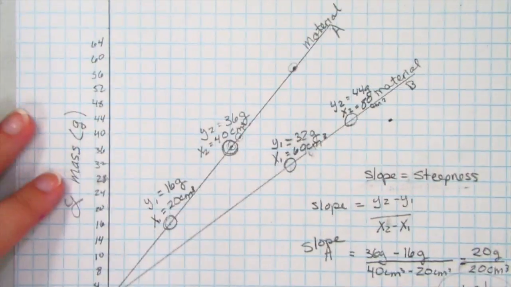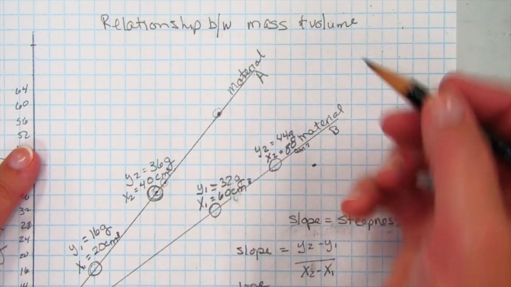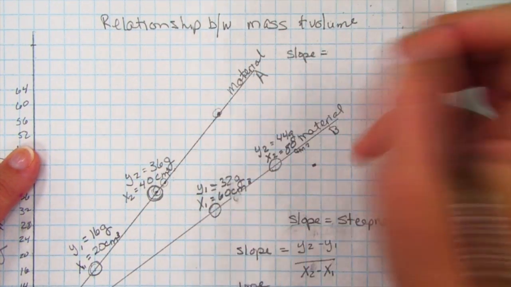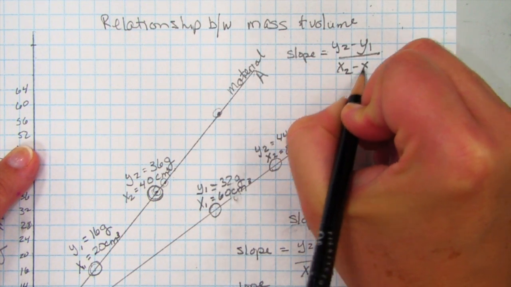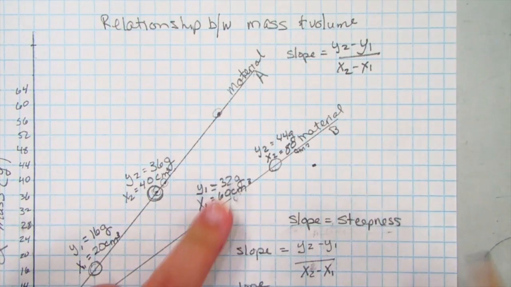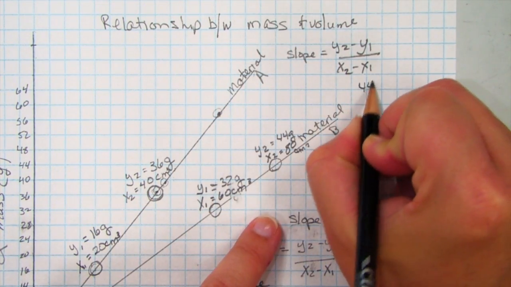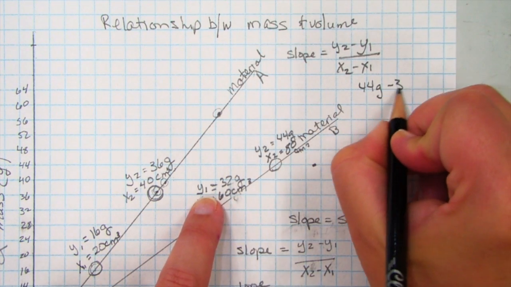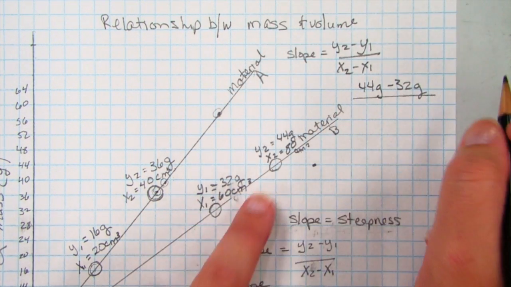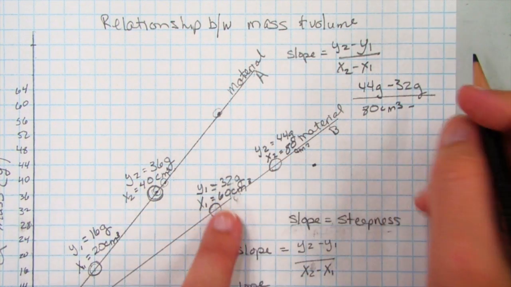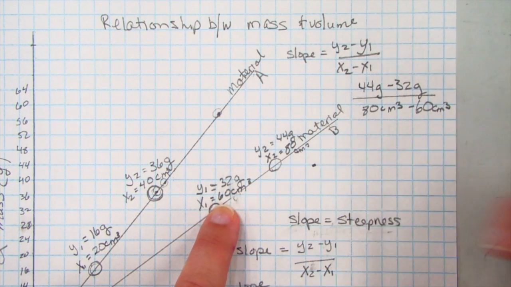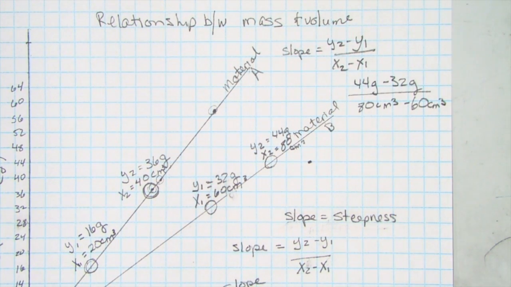So I'm going to work, let's see, I can work in this space. So slope equals y2 minus y1 over x2 minus x1. y2 is 44 grams minus y1 is 32 grams, divided by x2 is 80 centimeters cubed minus 60 centimeters cubed. And I need to simplify this. And this time I'm going over here to grab a calculator because I'm going to cheat.